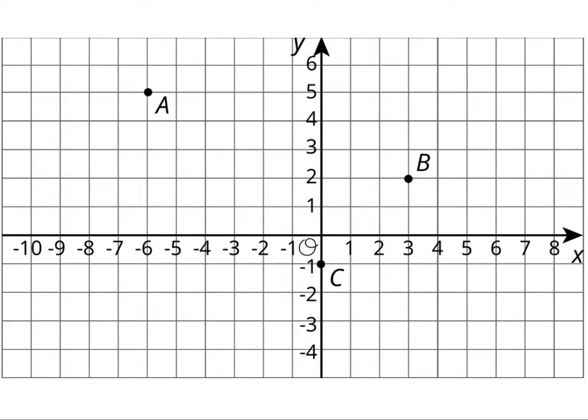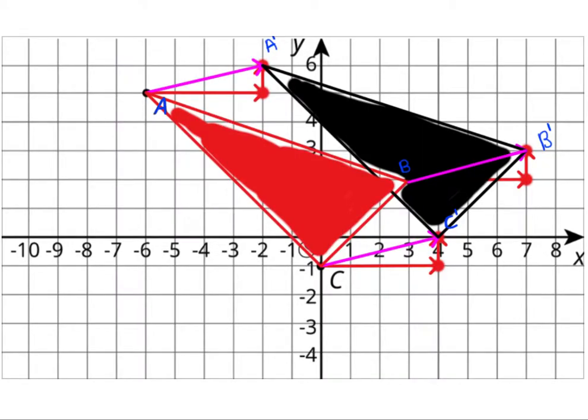In this first problem, you're supposed to translate A, B, and C 4 units to the right and 1 unit up. If you do that, what I like to do is connect the points first. It's just easier for me to see an image translate than it is to see individual points translate.